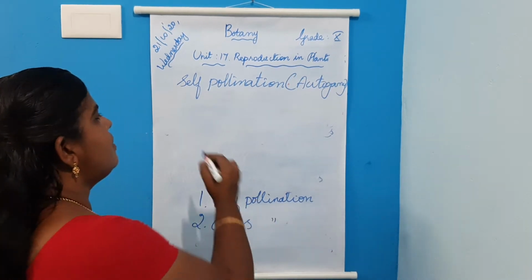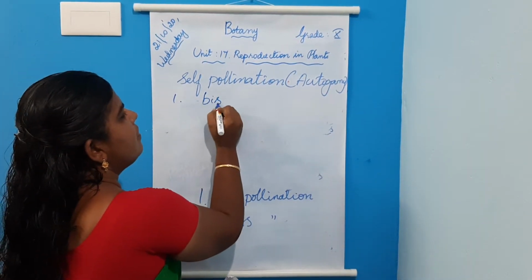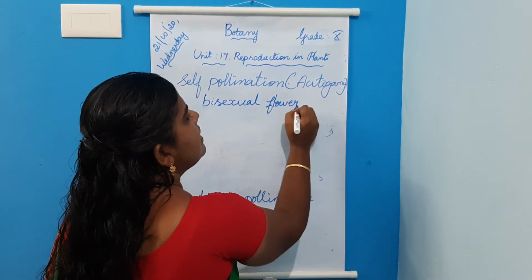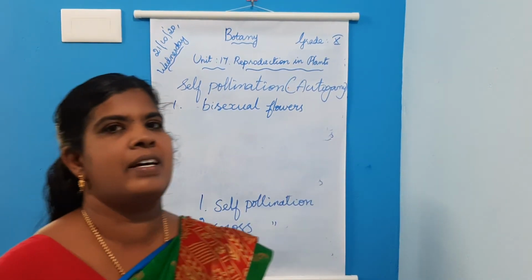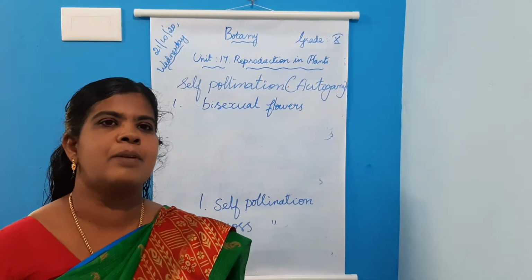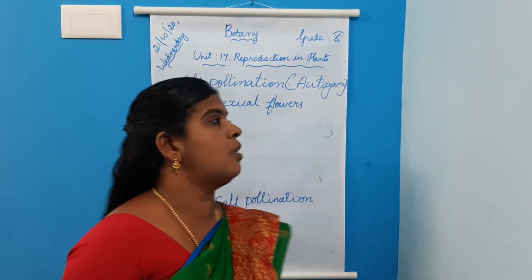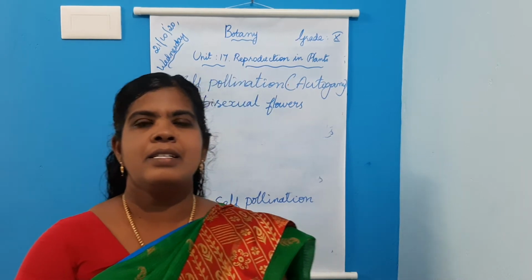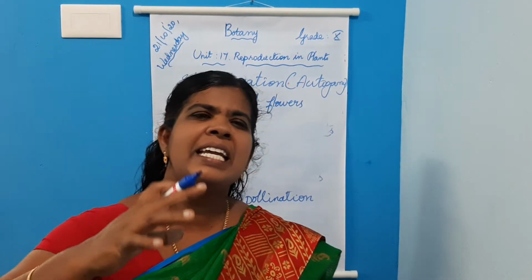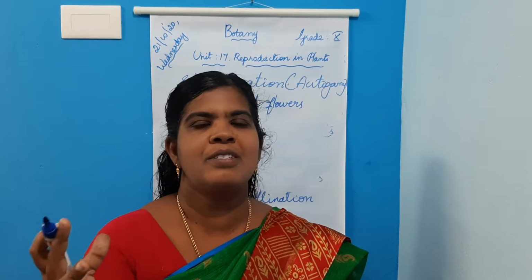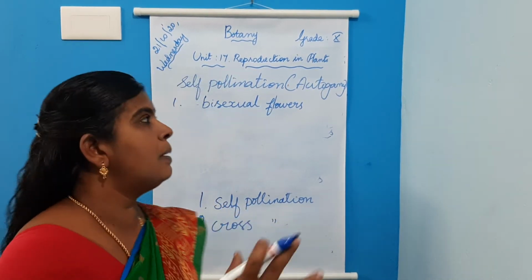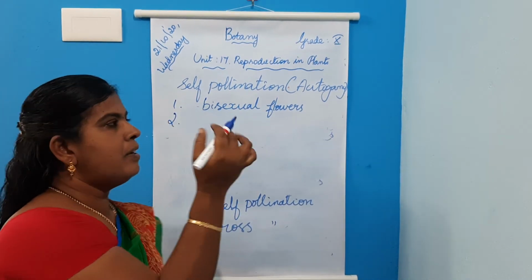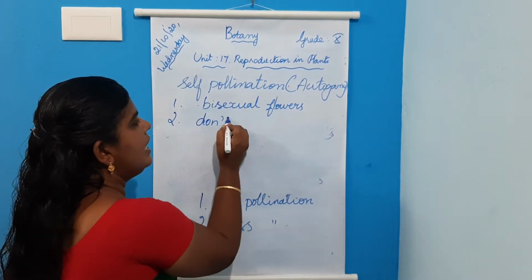It has some advantages of self-pollination, or advantages of autogamy. First one is, it is possible in certain bisexual flowers. Bisexual flowers means both androecium and gynoecium, the male and female reproductive structures, are present in the same flower. Then these flowers do not depend on any agents for pollination. Certain flowers depend on agents for pollination, but self-pollinated flowers do not.